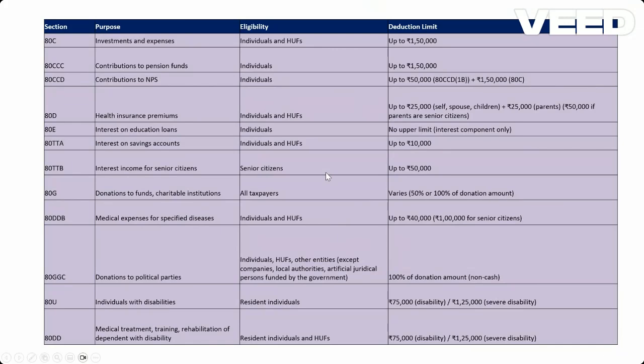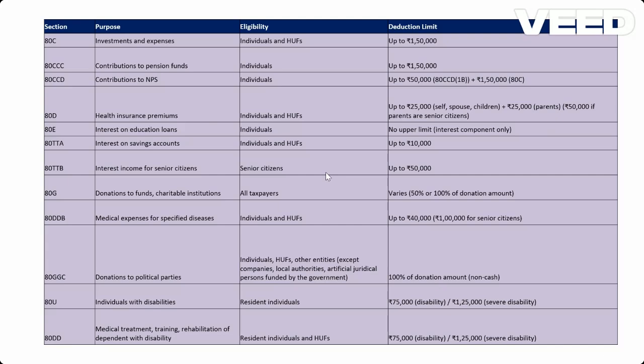So while selecting income tax, while doing these things, you need to consider if you are going ahead with the old tax slab. There are a few sections you can consider which will be very important.